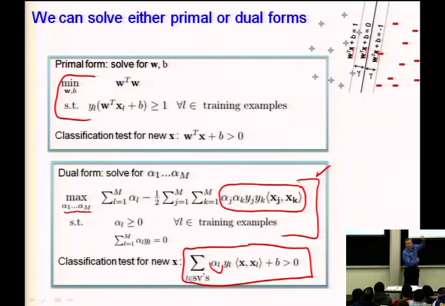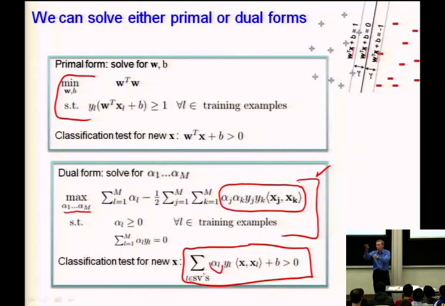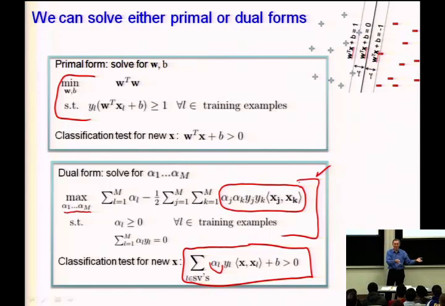We want all the alphas to be non-negative. It's okay for them to be 0. And we want the sum of the alphas times the labels to be 0. So what does that mean? One way to think of that is if we take all the alphas for the positive examples where y equals plus 1, we want the sum of all those positive example alphas to be equal to the sum of all the negative example alphas.